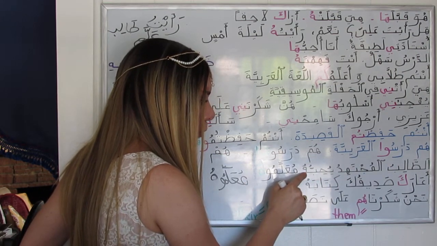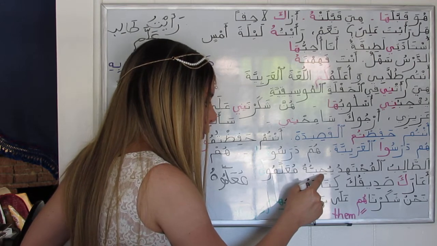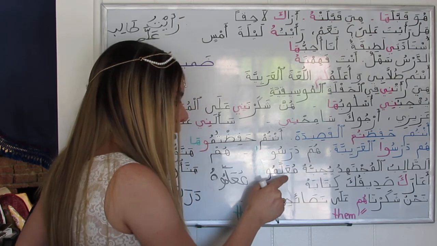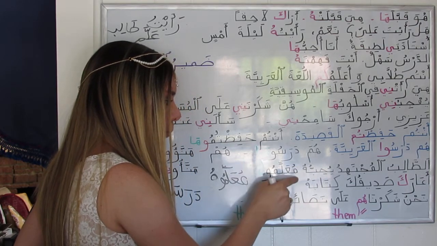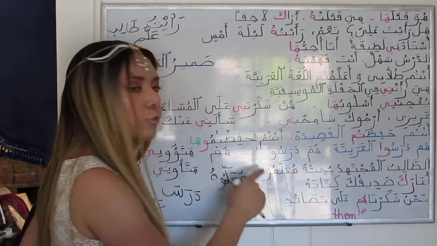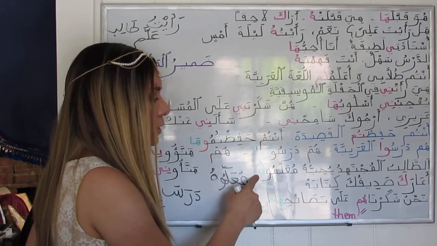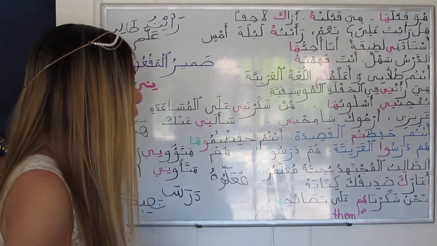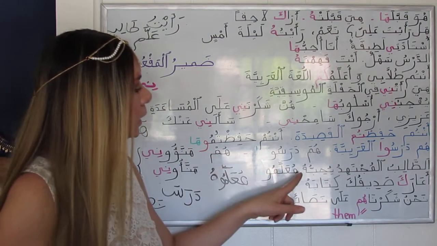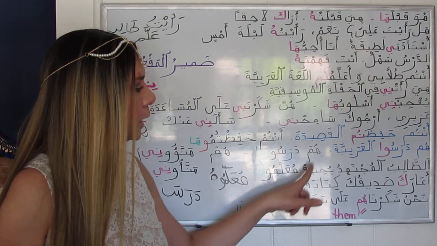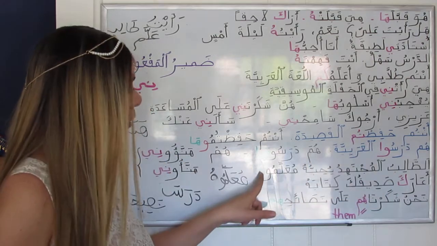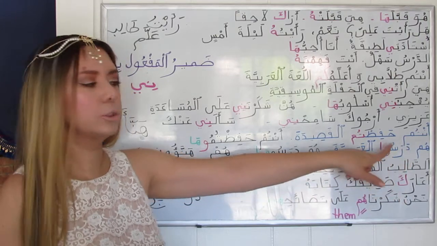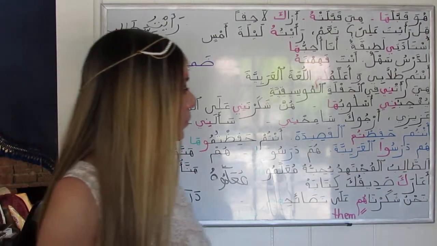So this is the object of the verb يحبه, and معلموه is the subject, and this is an إضافة construction with معلمون as the first term and the possessive pronoun as the second term. Alright, so here an object pronoun referring to الطالب المجتهد, and a possessive pronoun referring to الطالب المجتهد, the diligent student.